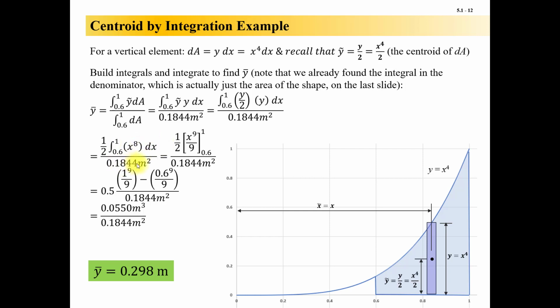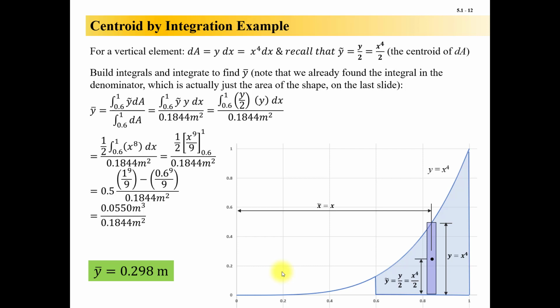And then down below, like I said, I've already got that integral done, so then I just do my integral here, and I get x to the 9th over 9, again, plugging in my limits of integration, evaluating, and you get 0.298 meters, which is maybe like right there-ish. And that seems like a really good place to put your finger to balance it. So I think that number seems pretty good.